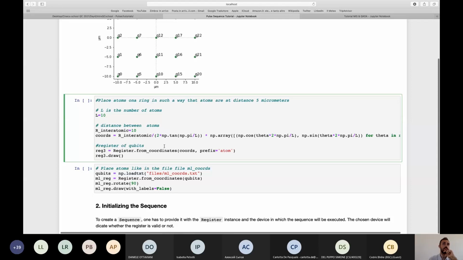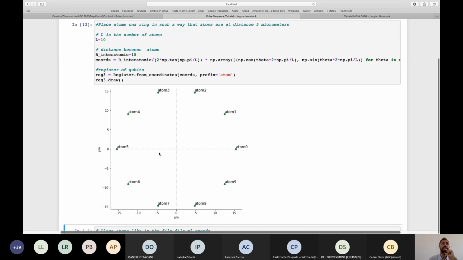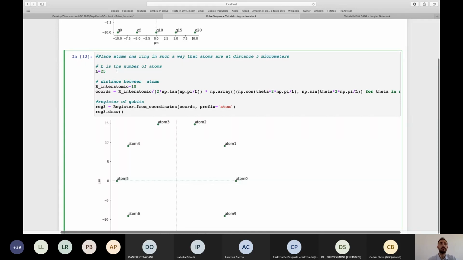Then you create the register, and you have something that looks like this. Probably the distance is 5 micrometers, because the interatomic distance is 10, so probably it's half.